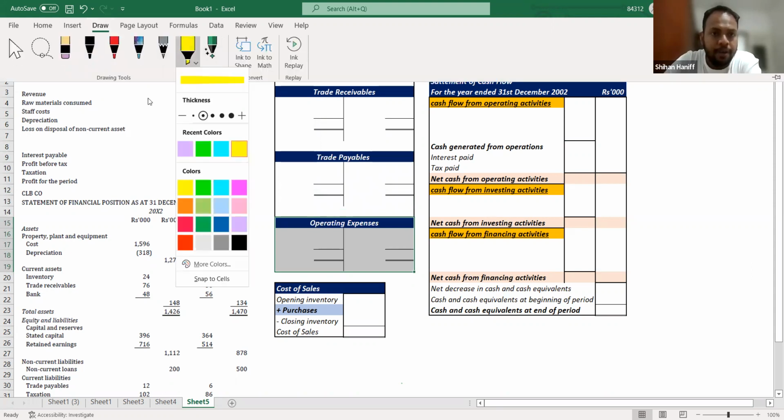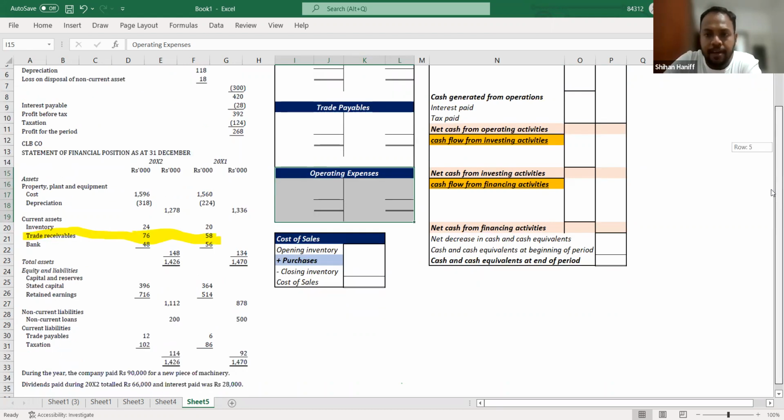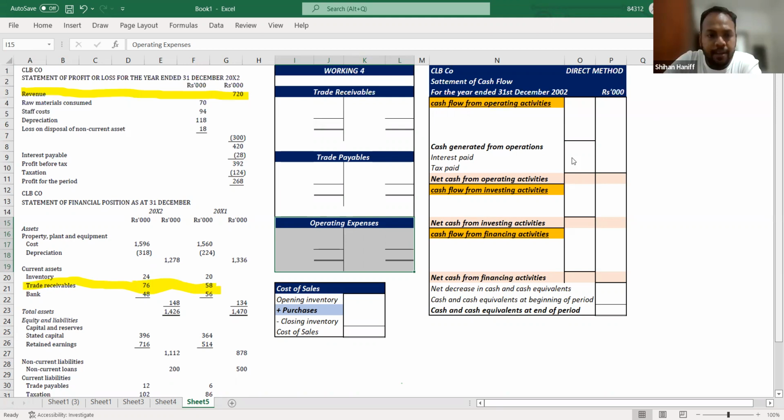Okay, let's calculate this. Trade receivables. We have opening closing balance and the revenue means sales. So we assume that the entire sales is on credit because there is no other information.